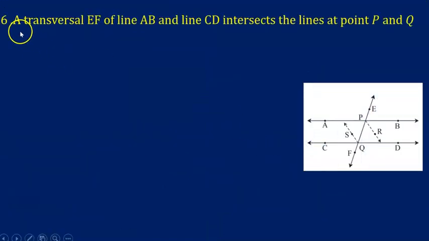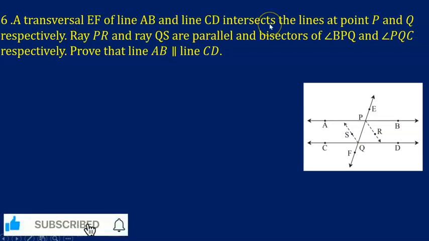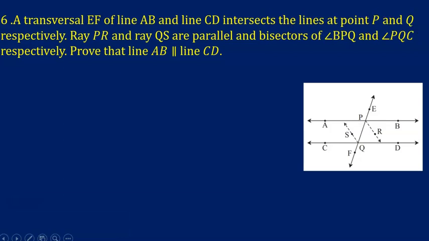Now next, a transversal EF of lines AB and CD intersects the lines at P and Q respectively. See this here. EF is a transversal of line AB and line CD.